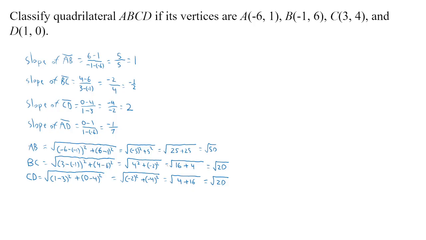Therefore, the length of segment CD is the square root of 20. Therefore, what we got is segment BC is congruent to segment CD.